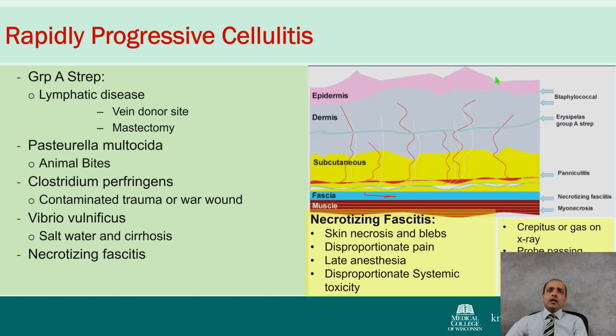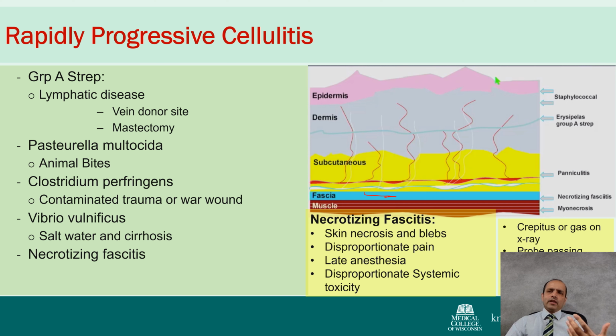And then all of a sudden, when they lose pain, that's not a good sign. Why do they lose pain? That means their nerves are dead, so they are not feeling anything. And then they have disproportionate systemic toxicity. And when you do an x-ray, you see gas.